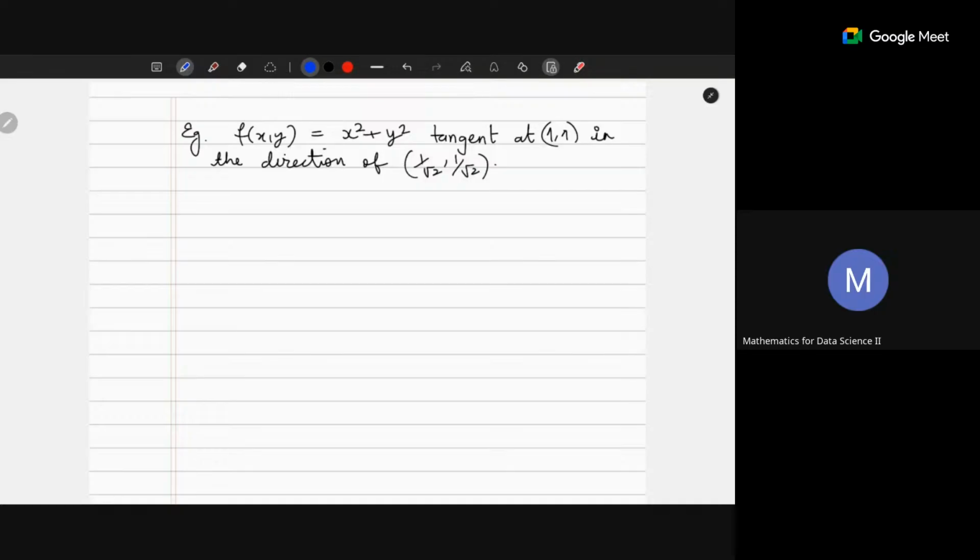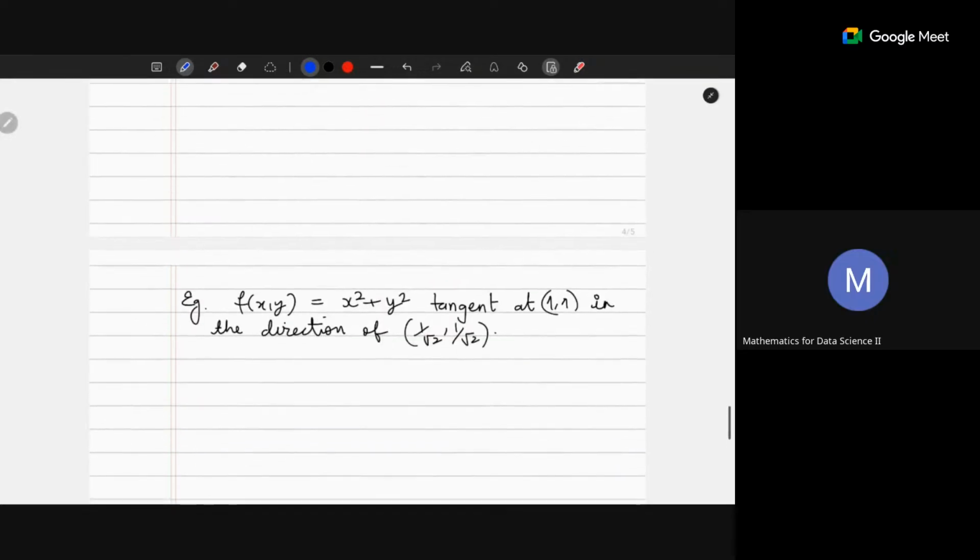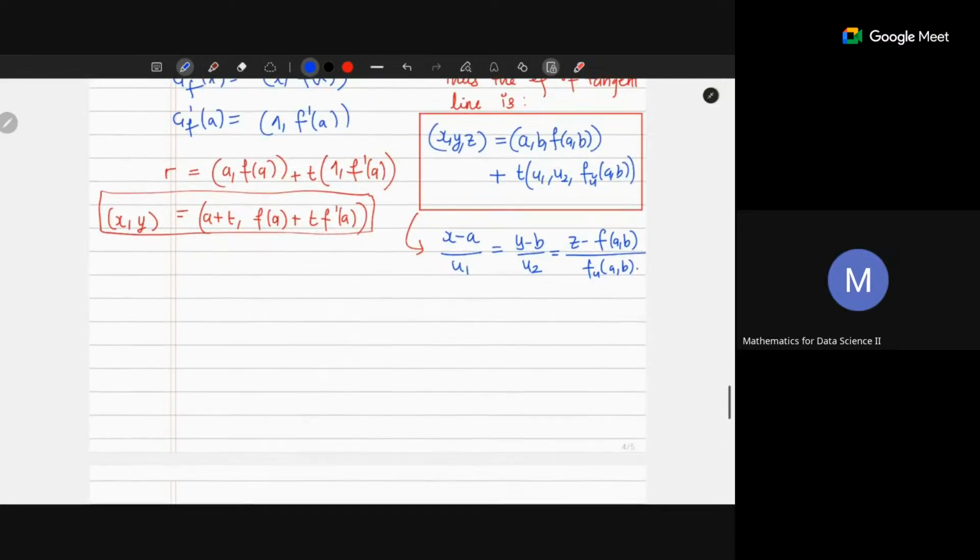In order to find the tangent, first we need to find which point the tangent passes through, and the second thing is the direction. Or we can just directly use the above formula.